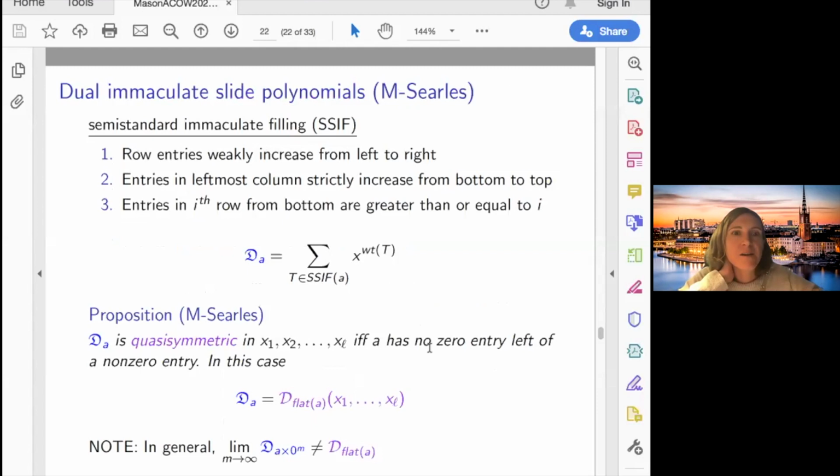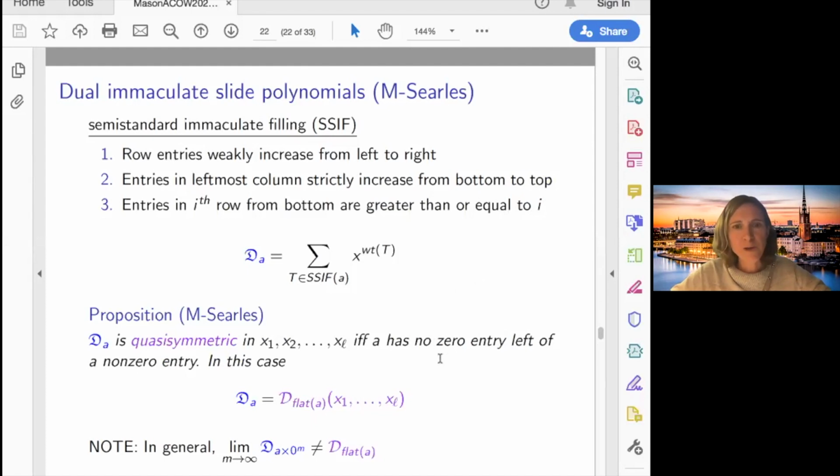Okay, so now we're in a position that we can go ahead and lift the dual immaculate slide polynomials. And so here again, if we think about the tableau definition, it's going to look a lot like the tableau definition for the dual immaculates, except we have this additional flag condition that says that the entries in the ith row from the bottom are greater than or equal to i.